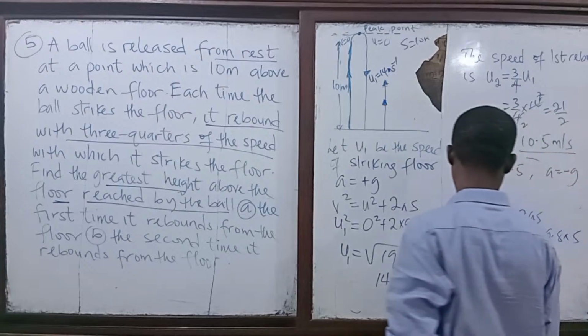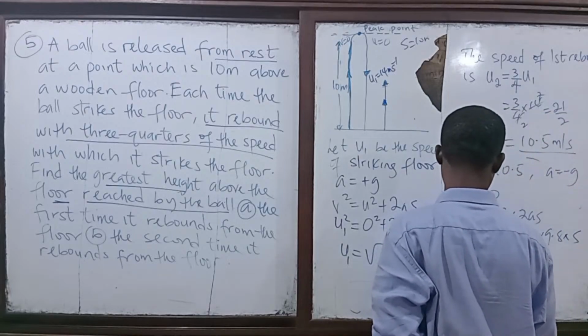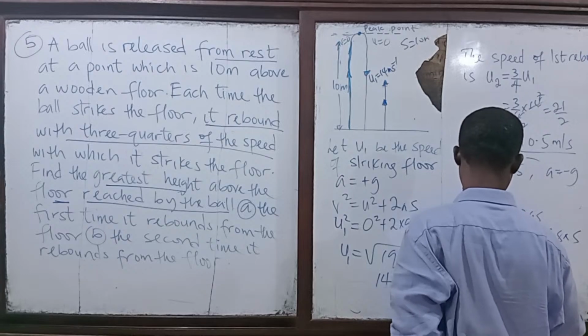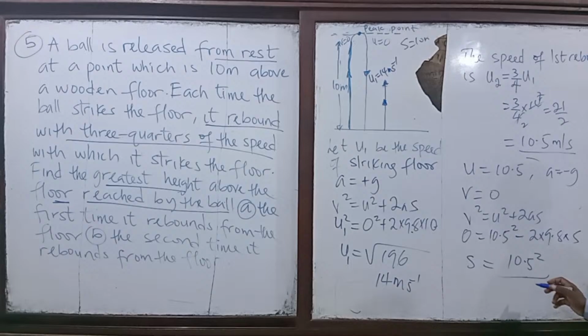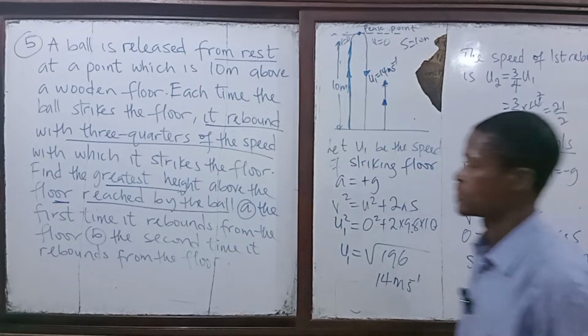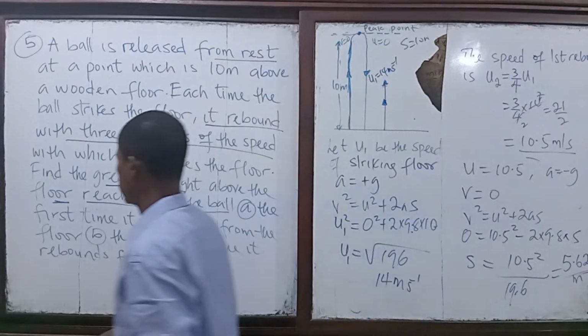So x equals 10.5 squared over 2 times 9.8, that's 19.6. Then you can punch it in a calculator. That's the height for the first rebound.